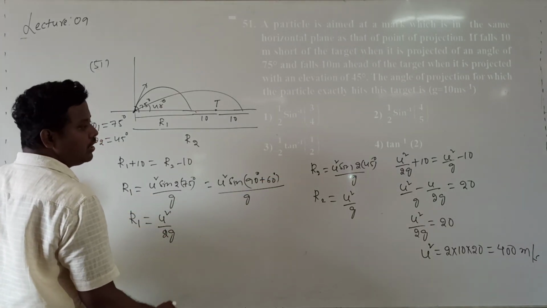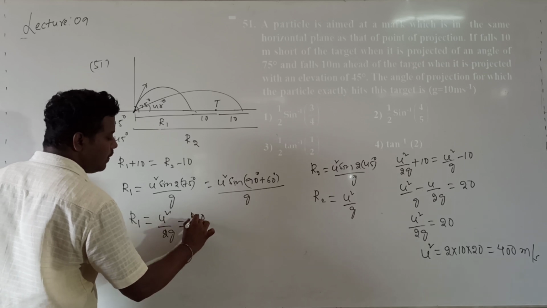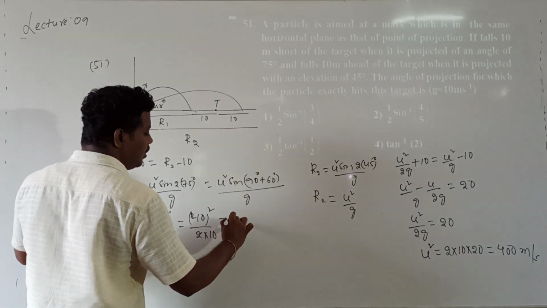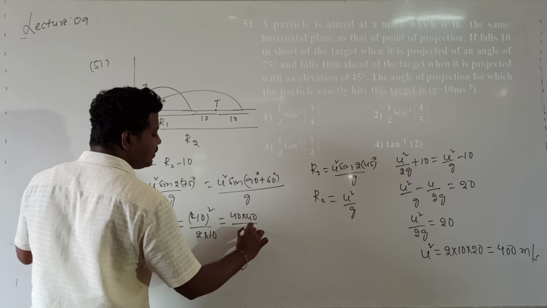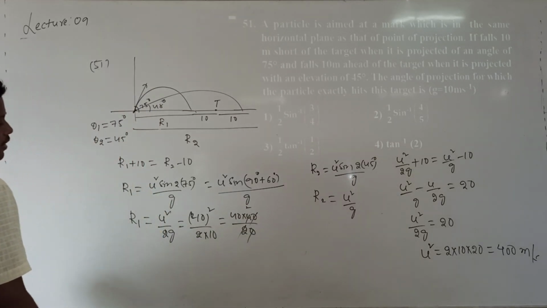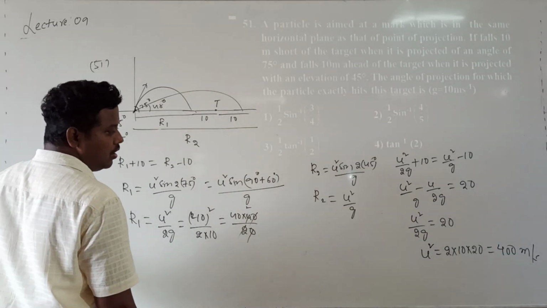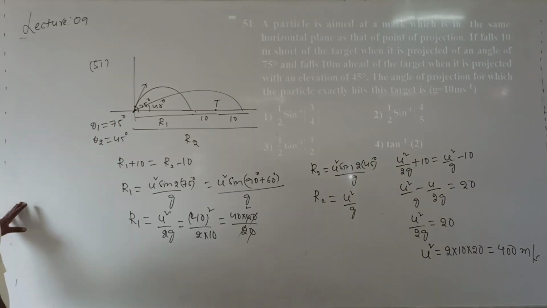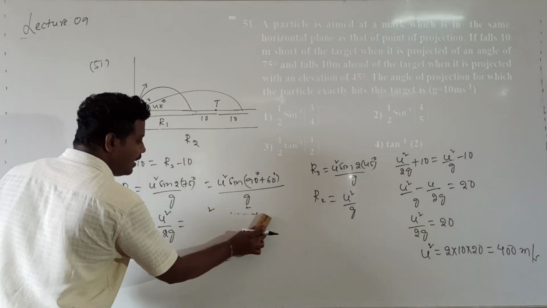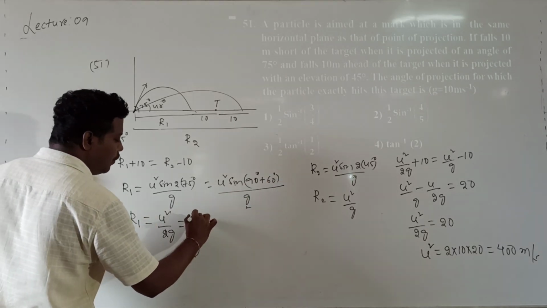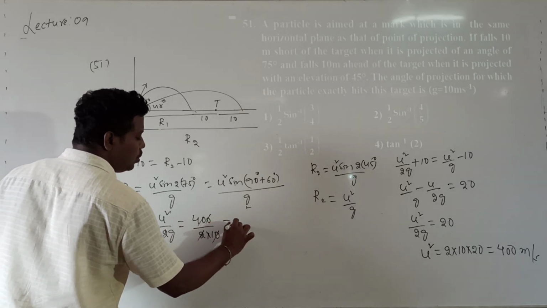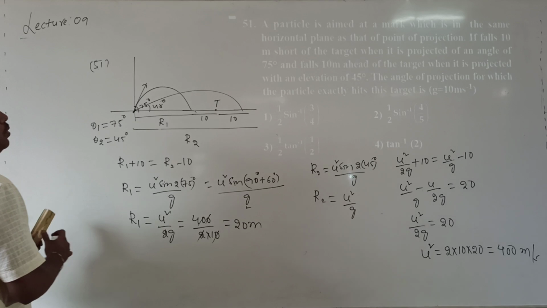R1 is U square divided by 2 into G. U square value is 400. 400 divided by 2 into G value 10, zeros cancel, 2 ones are 2, 2 twos are 4, so 20. Clear? So R1 value is 20 meters.